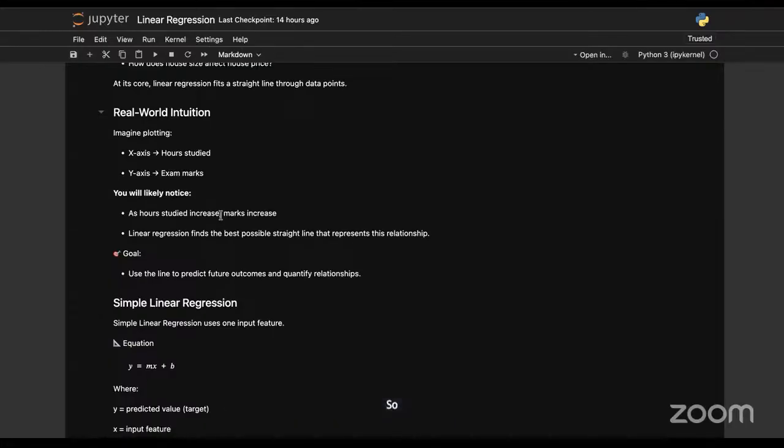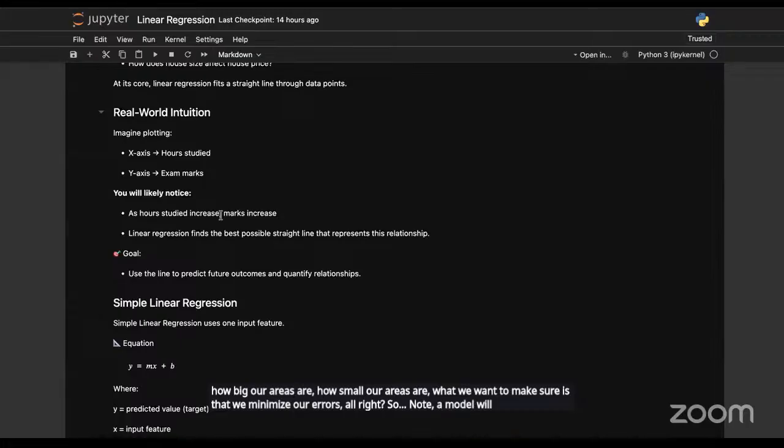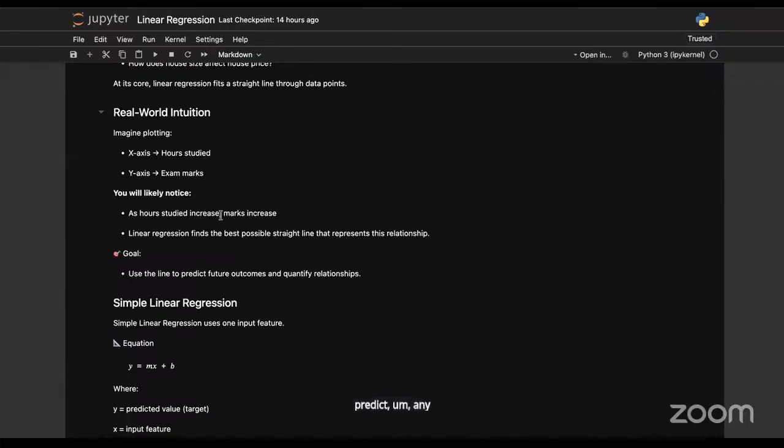With linear regression, or with any predictive model, it's never 100% accurate. That's why we have errors, and we use our evaluation metrics based on our errors to see how big or small our errors are. What we want to make sure is that we minimize our errors. Note, a model will never perfectly predict any specific output value.